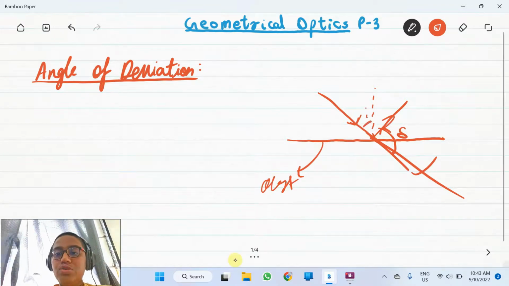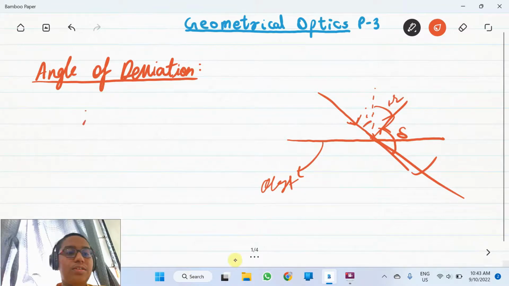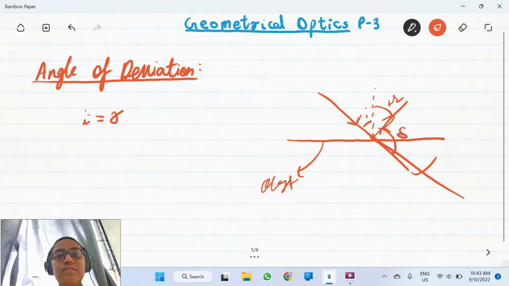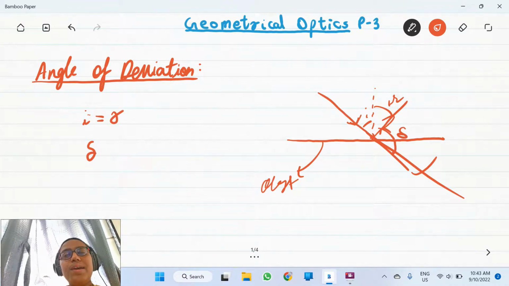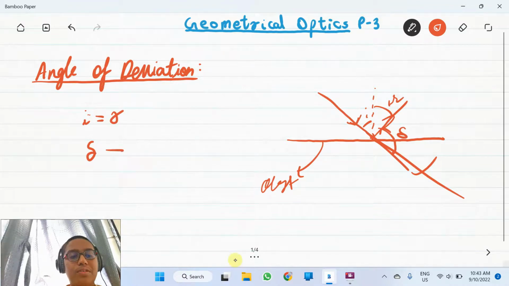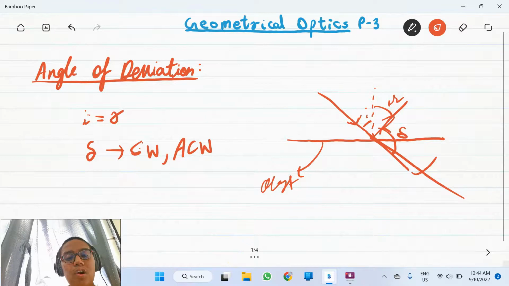Now suppose this is angle of incidence and this is angle of reflection. We know i equals r. Now let's see what is the value of angle of deviation. We represent angle of deviation as delta. Now, angle of deviation can also be classified in two types. It could be clockwise or anti-clockwise.